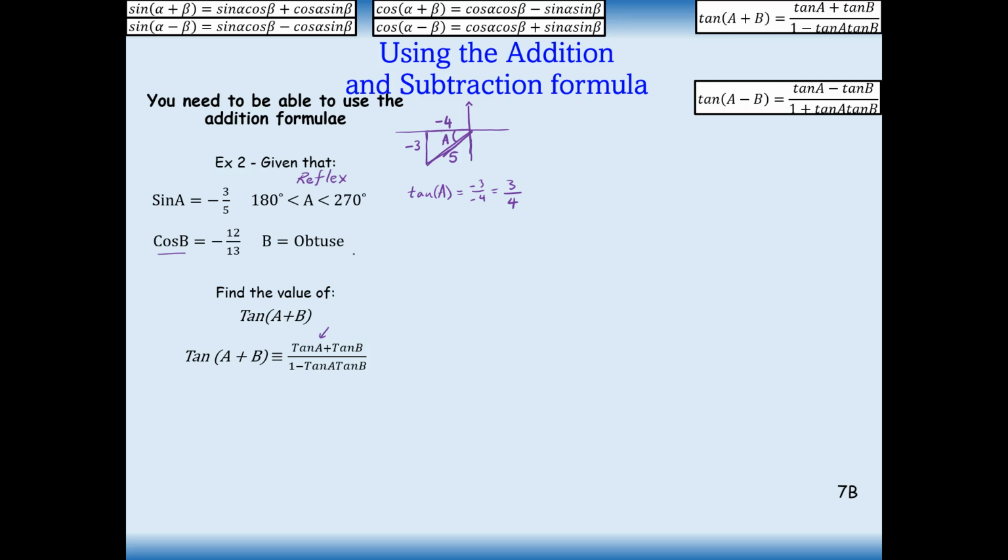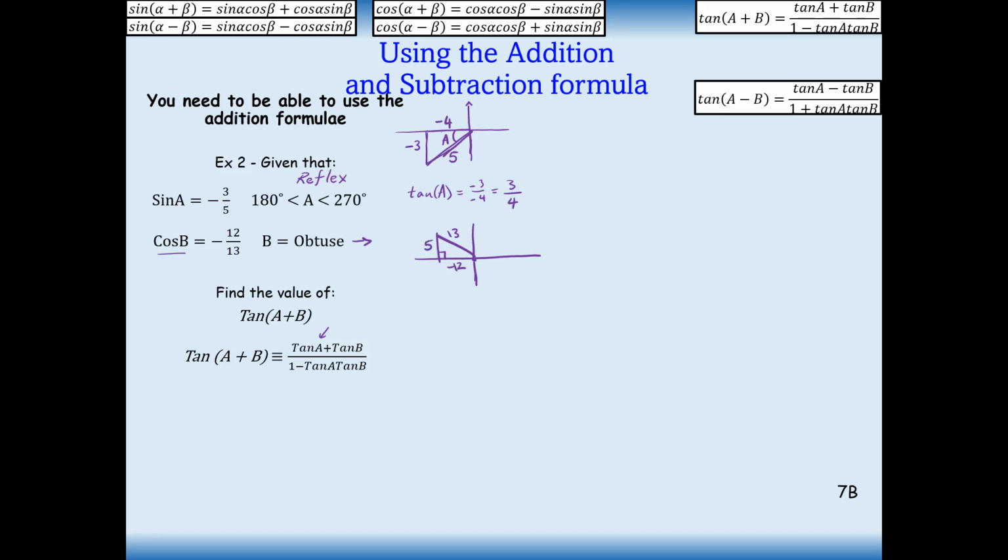So let's look at this obtuse angle B, and we know obtuse angles are between 90 and 180 degrees. Therefore, our triangle falls in the second quadrant of the unit circle, and the fact that the cos is negative means that the adjacent side is negative 12 and the hypotenuse has to always be a positive number.